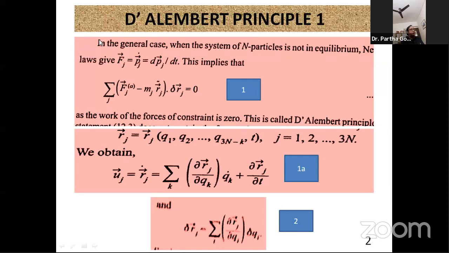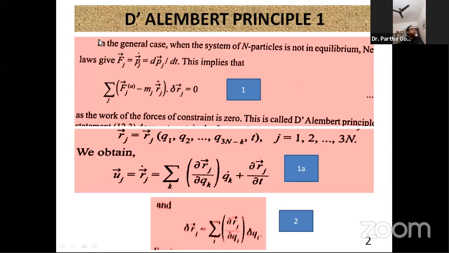On the other hand, if I put in a restriction that the particle can travel only on the surface of the sphere, that means the coordinates have to satisfy the equation of the sphere, which is, with the origin at the center, x square plus y square plus z square equal a square.